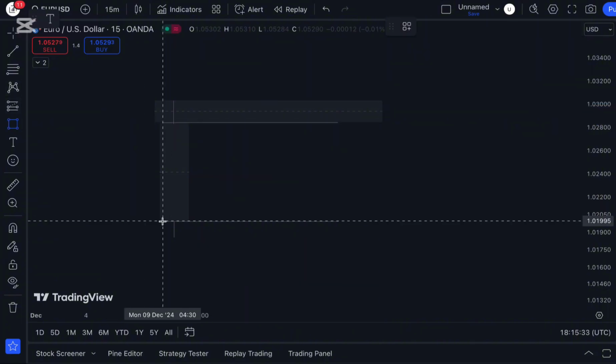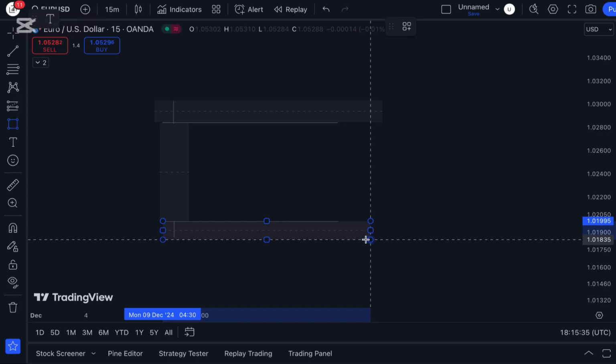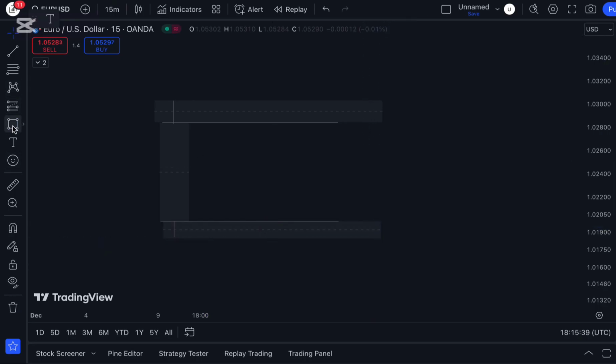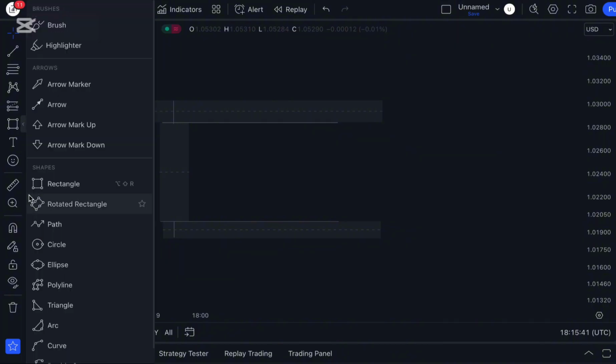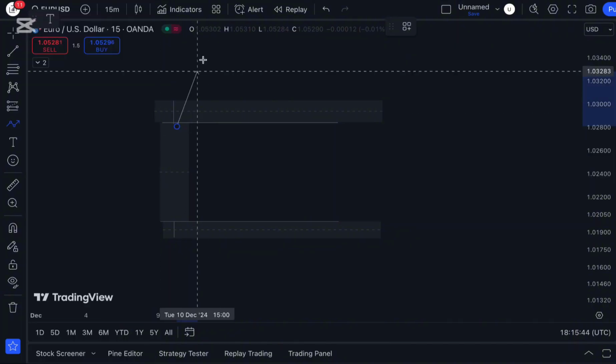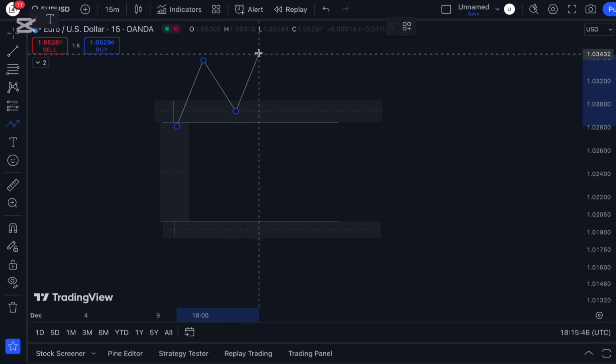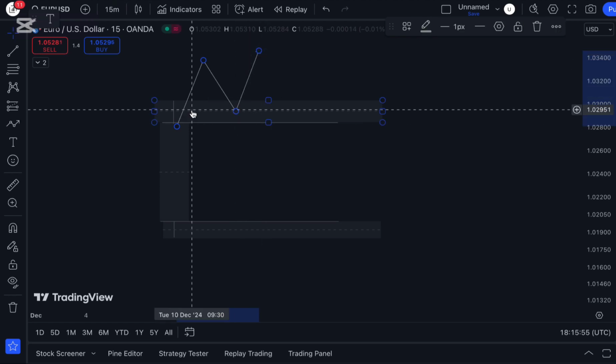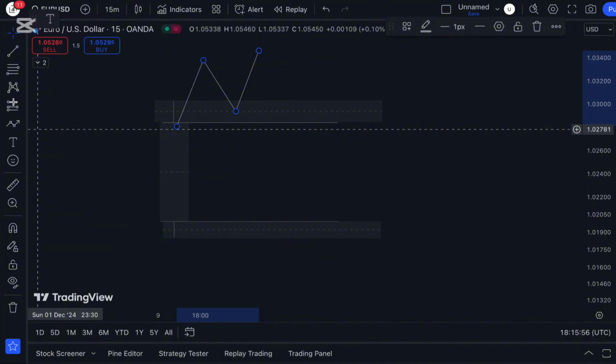You can call them zones. Make sure that you include the wicks, so that now what you're saying is that if price should move into those areas or tap into those areas, you know exactly that that's where you're supposed to look for buy or downside. All right, so always do it like this.